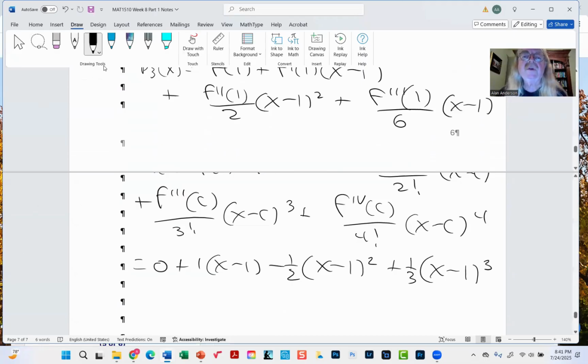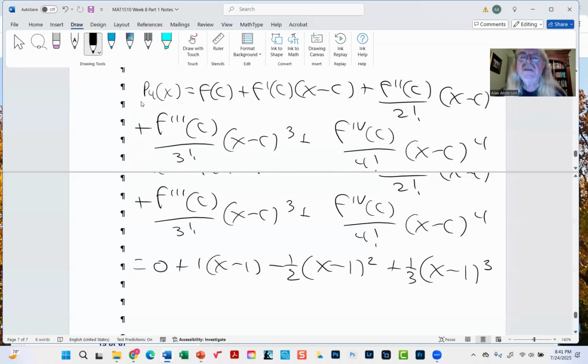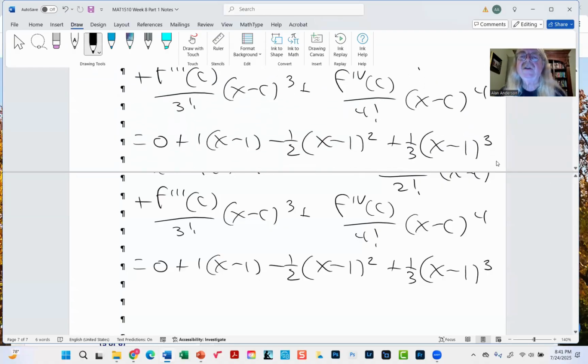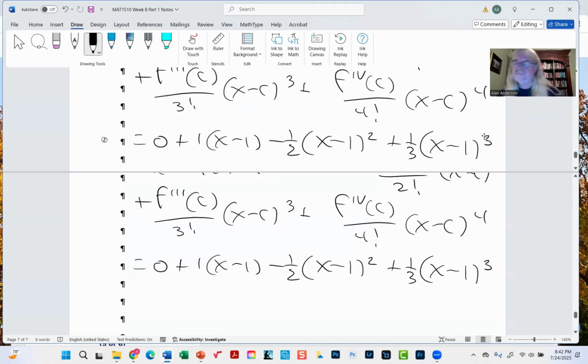Actually, I'm sorry, we already have that one. Here it is, -6 right there. This last term, the fourth derivative evaluated at c is -6. 4 factorial is 24. So this ratio is -1/4 x minus 1 to the 4.